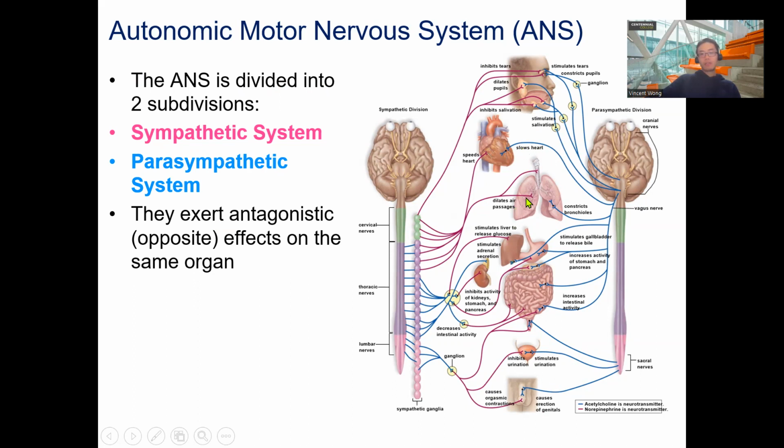In terms of the lungs, it would dilate the airway so that you can take in more air. Remember, you are stressed out when the sympathetic system is activated. You're going to need more air, more oxygen to sustain that state. Whereas if you're relaxing, it's going to constrict your bronchioles.